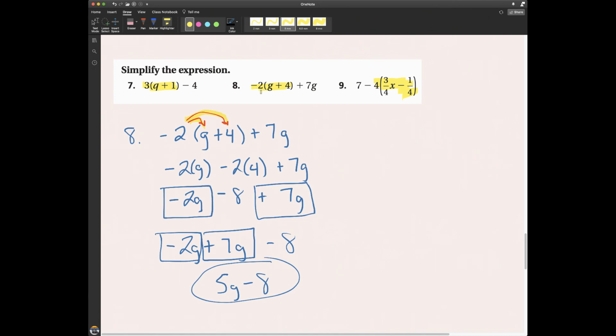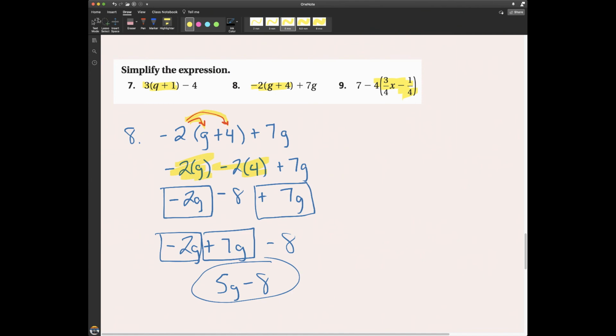The way I read this problem is -2 times the quantity g plus 4 plus 7g. So since this is a multiplication problem, I have to distribute the -2 with the g and with the 4. And that's what I do here. -2 times g, and then -2 times 4 plus 7g.